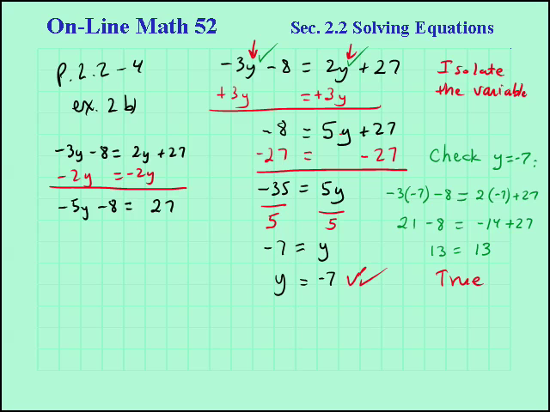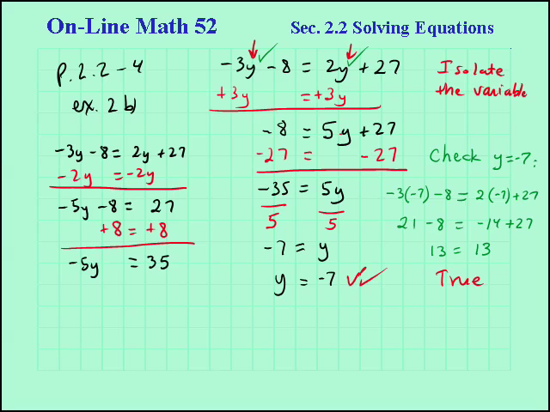Now to solve this, we're going to add the opposite of -8, which is +8, to each side. The result is -5y, adding to 0 with those 8's, equals 35.